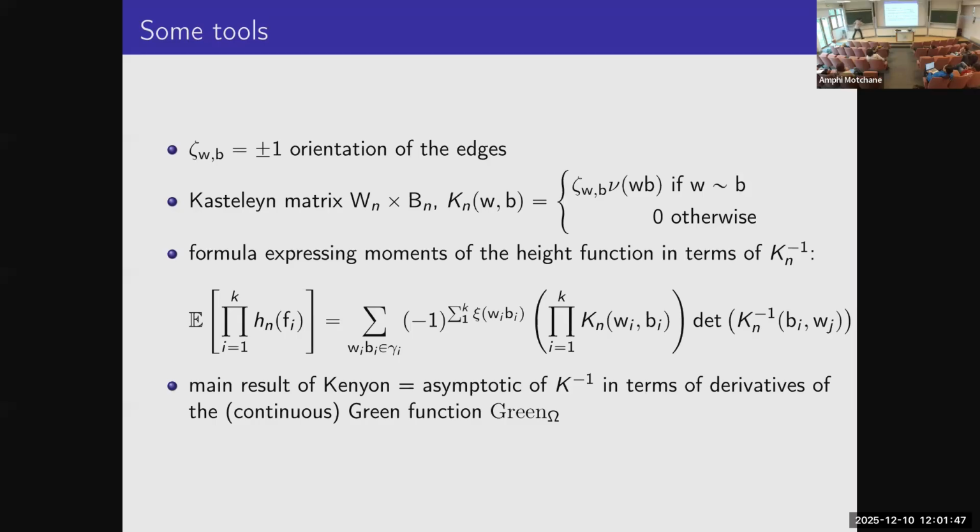And you take some path from the boundary, so this is the discrete domain. You take some path here, gamma 1, gamma 2, gamma 3. And then you sum over the edges of this path. You start anywhere on the boundary.